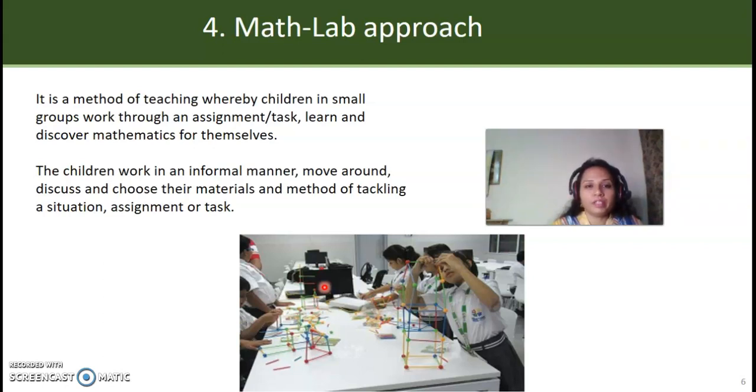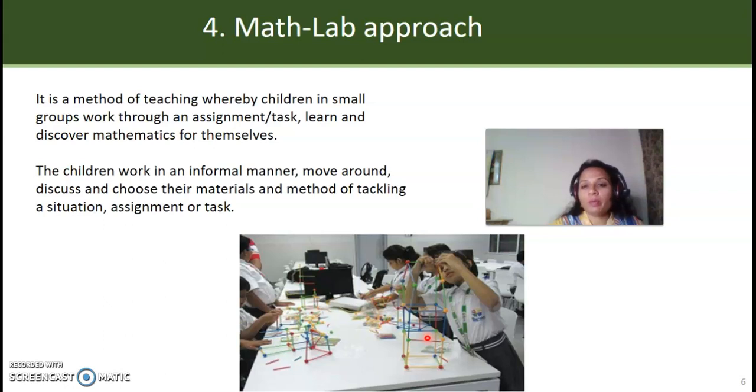In this method, the children work in small groups. They are allowed to move around, discuss, and choose their material, and then do their tasks or find new things about mathematics. In this picture, you can see that the children are working in a maths lab. So, what do you think? Is it good for students to work in a math lab?